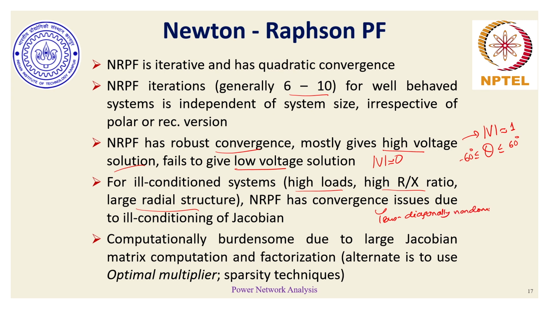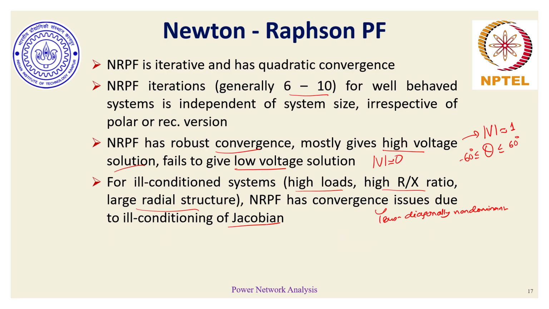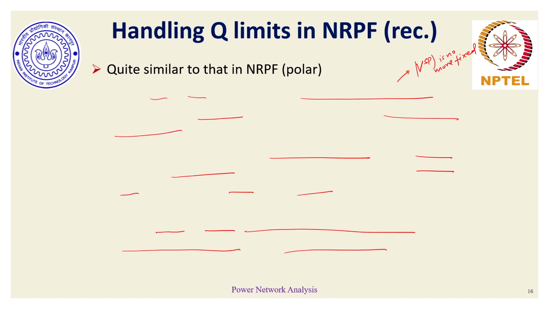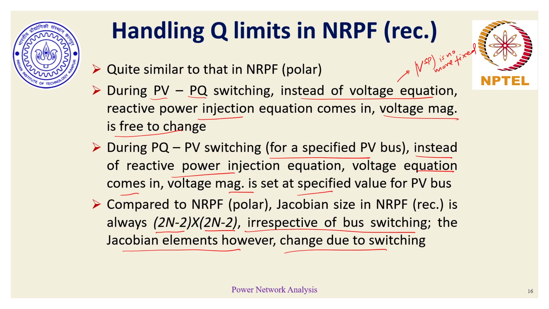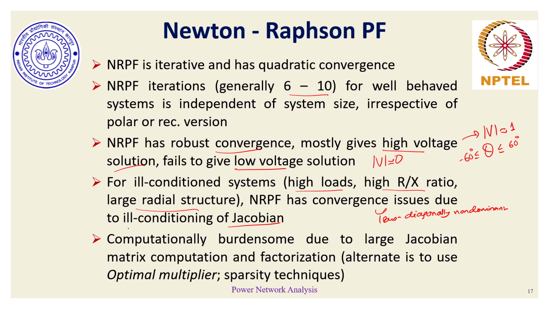The Y bus becoming diagonally non-dominant would mean that the Jacobian also becomes diagonally non-dominant, since all these expressions that we have seen show that the Jacobian elements are functions of Y bus elements. So if Y bus elements are diagonally non-dominant, the Jacobian would also become diagonally non-dominant, and that is what creates ill conditioning, meaning the corresponding inverse of J is difficult to evaluate.